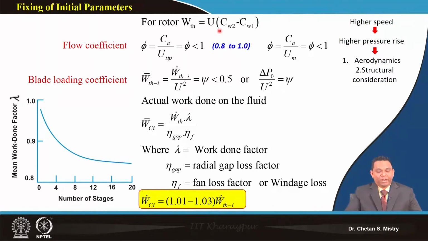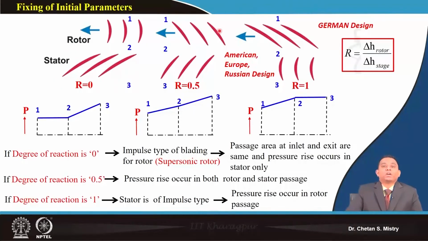Now we have learned about an important parameter called degree of reaction. We defined it as the static enthalpy rise in our rotor divided by the static enthalpy rise in a stage.